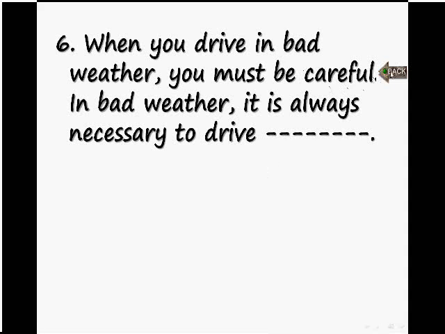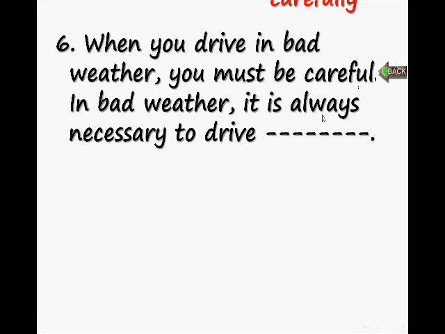This is another way of pointing you to the correct answer. How are you going to do it? The manner of doing something. And of course, when we say manner of doing something or how you do it, definitely you add ly to the adjective. In our sentence here, the word careful is an adjective, and of course here I have to use the adverb. So it's going to be carefully.